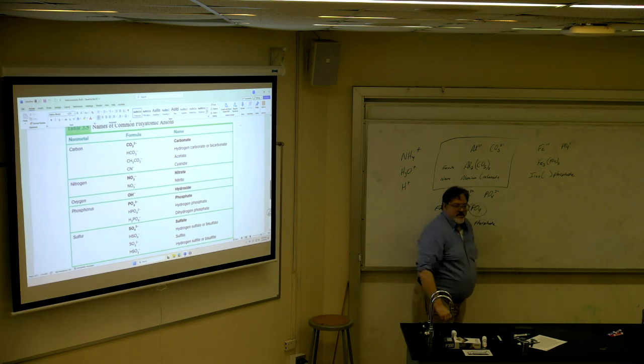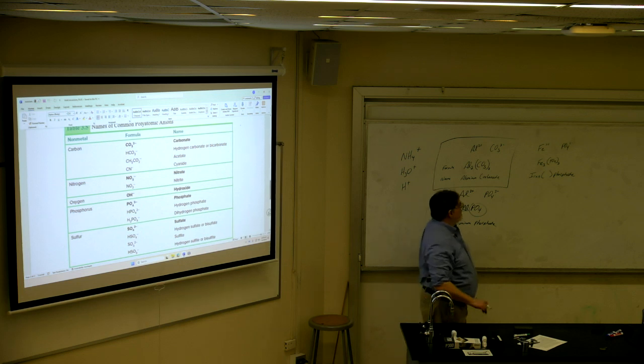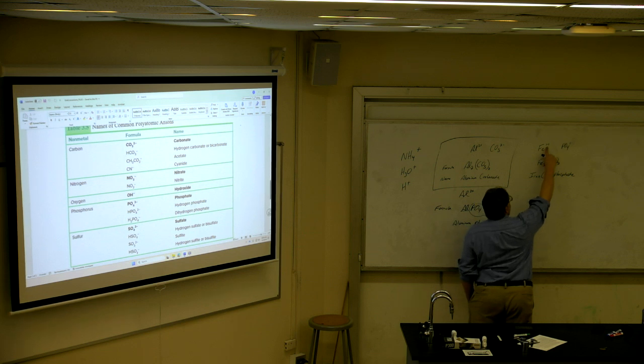And what goes in the parentheses? 2. Don't be tempted to do this. That's how many irons are there. It's this, the charge on the irons that we want there, 2.